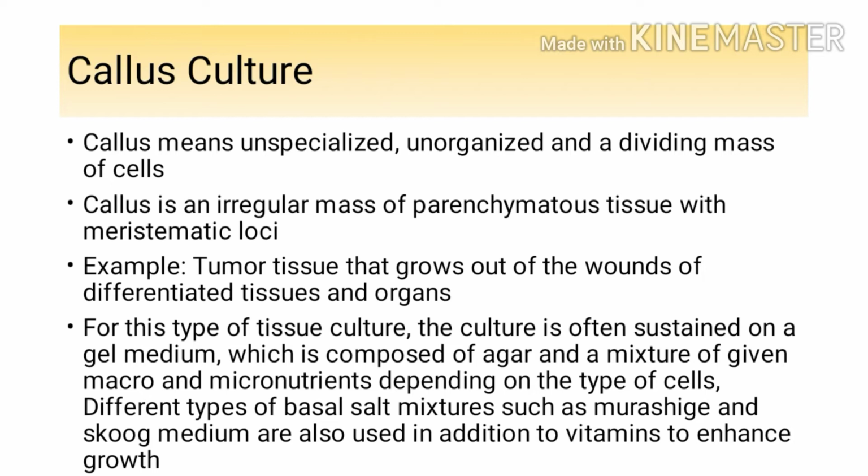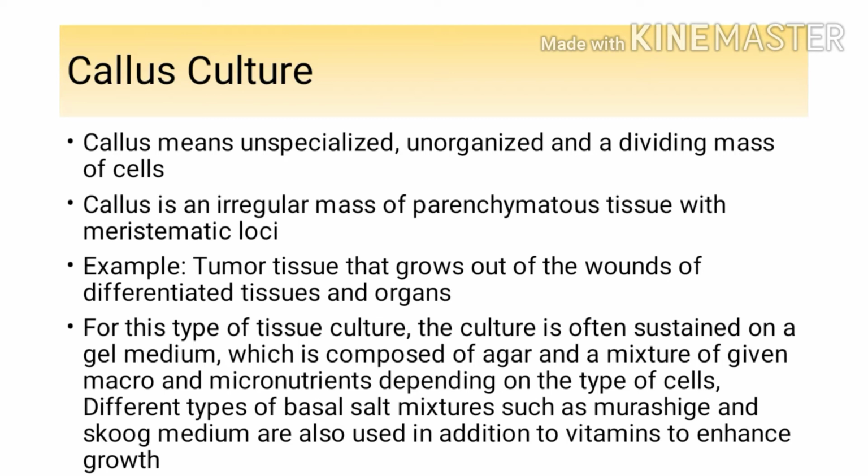So in callus culture, the single cells show totipotency. Do you know what totipotency is? It is the ability of a cell to differentiate into the entire plant, into the entire organism.